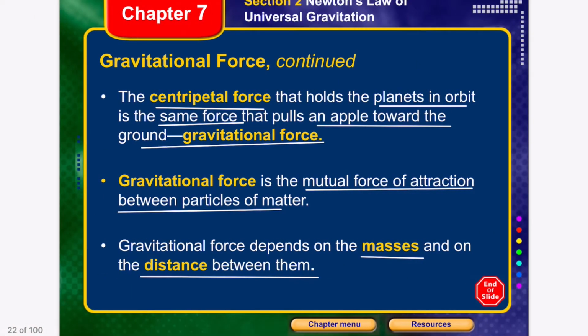Combining this, Newton formulated his law of gravitation, where he said that the force of gravity is proportional to the product of the masses. Let's consider two masses, m1 and m2, separated by a distance r.